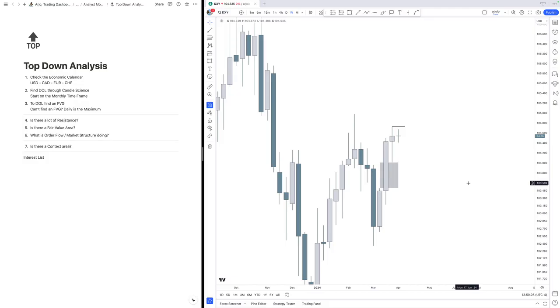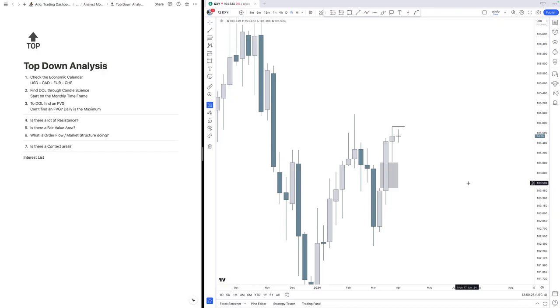The reason I mention that is because I also learned a top-down analysis before I got to this stage, and I learned it through someone else as well. The first time I learned top-down analysis was through ICT, and he had a list of the steps that he would go over.